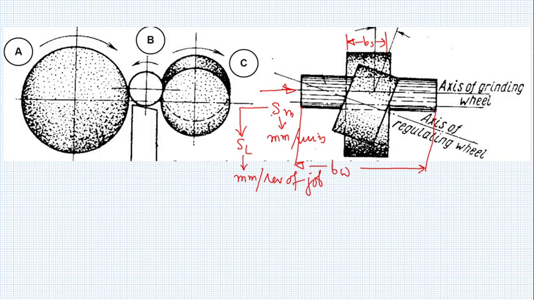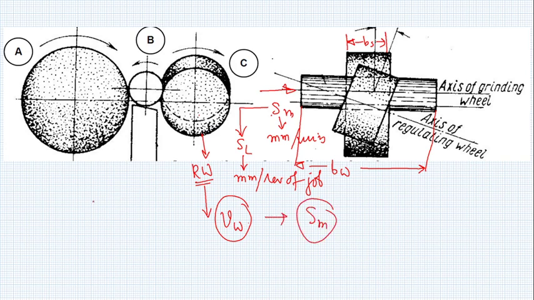So how do I do that? So this is your regulating wheel. This was earlier imparting only VW. Now it is not only imparting VW, it has to impart SM as well.